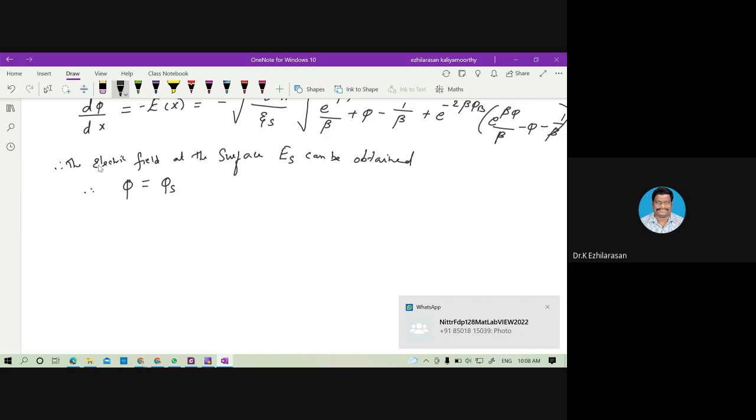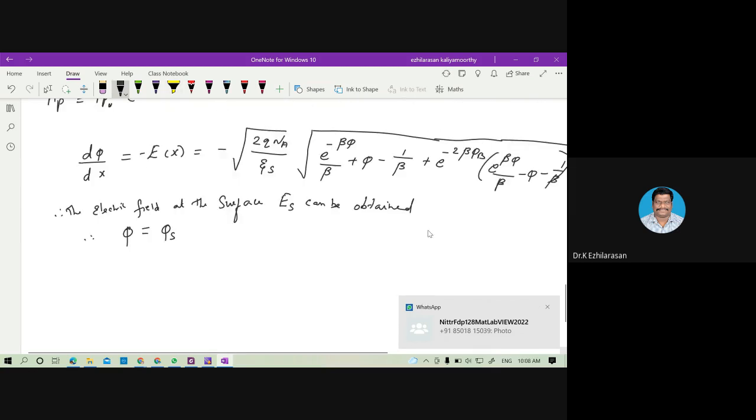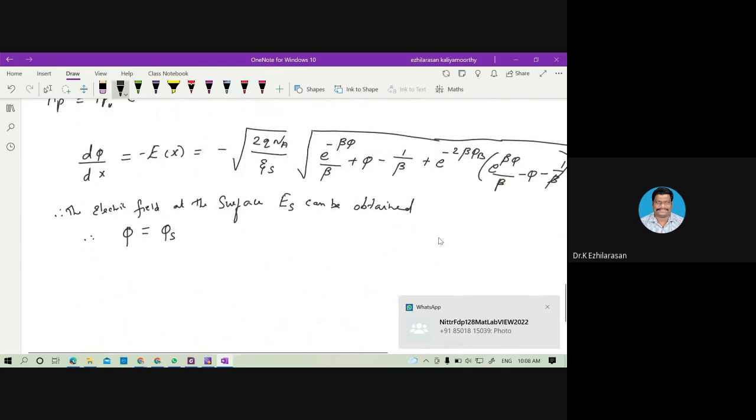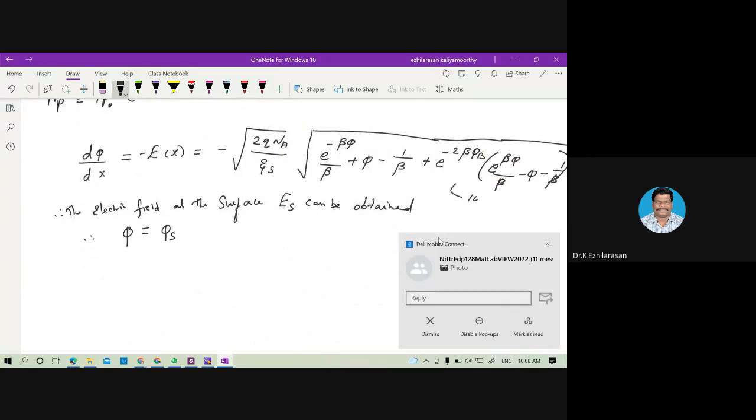Which equation? I will say the above equation will be set as equation number 10. So this equation I can say is equation number 10.